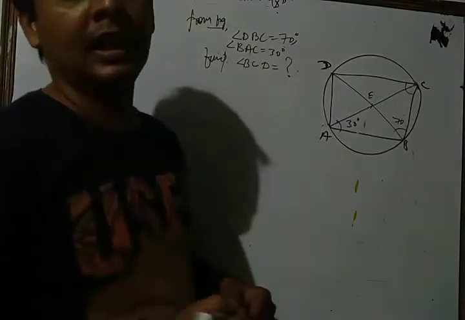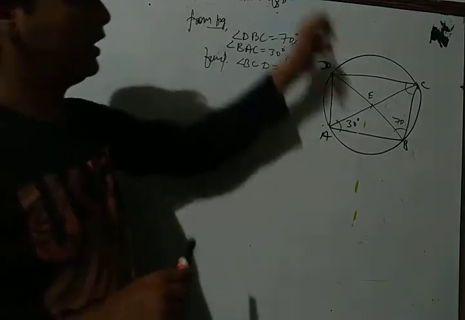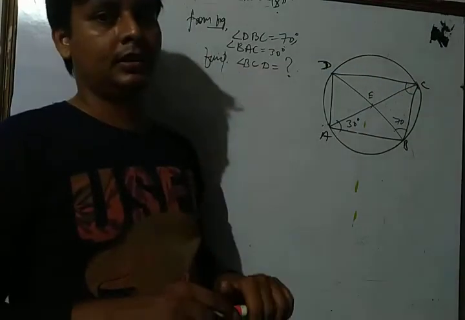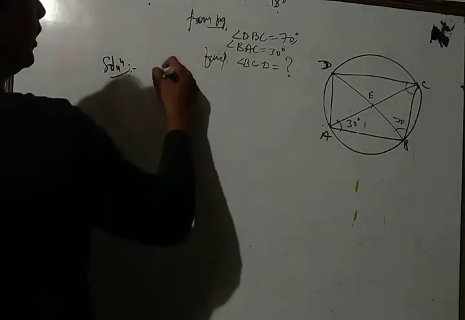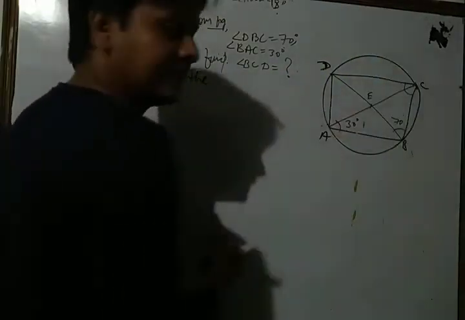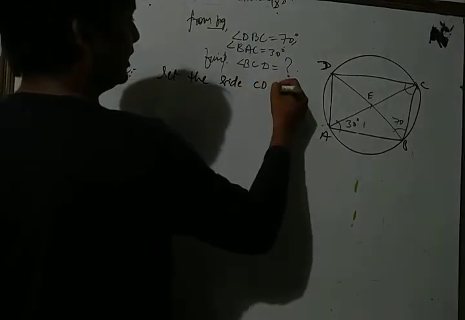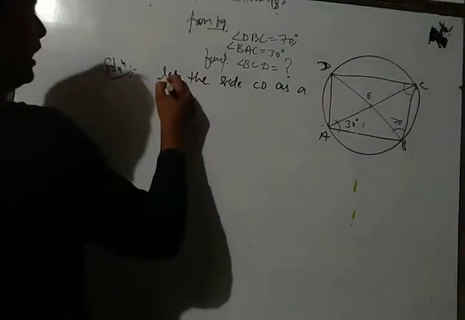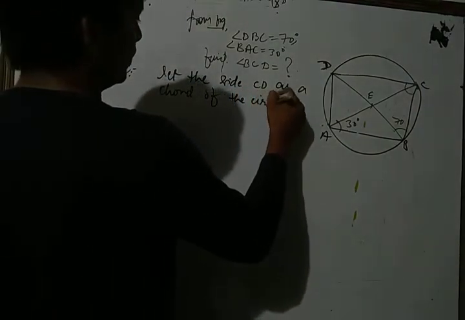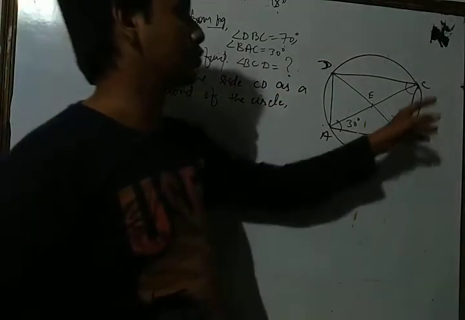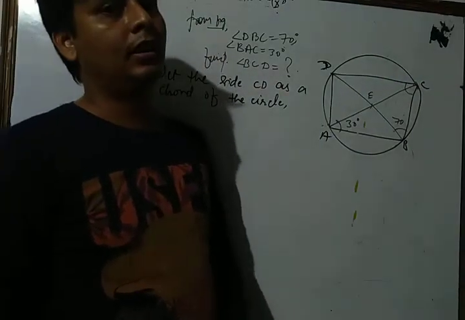Okay. Now dear students, we know that, let's see, we consider the chord CD. Let the side CD of the cyclic quadrilateral be a chord of the circle.